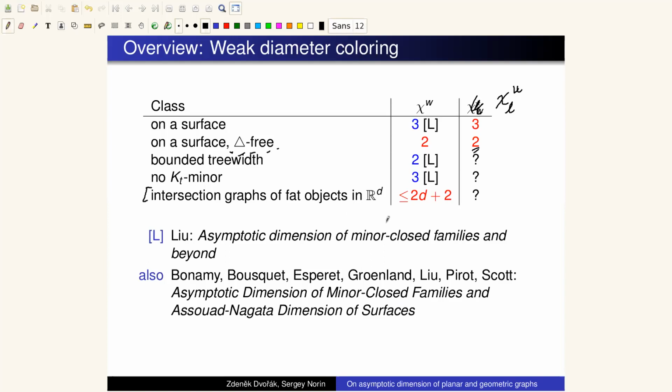And so I think that this is actually kind of an interesting connection, which maybe a little bit explains why clustered coloring sometimes behaves better when you bound the maximum degree, because maybe at that point it actually becomes the same as this weak diameter coloring, which then maybe is easier to work with or nicer behaved.